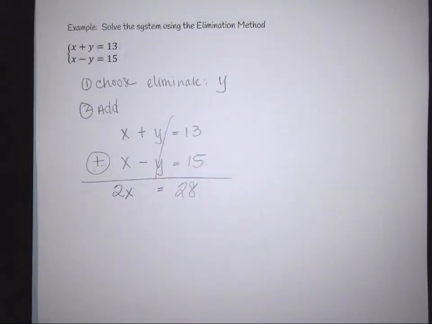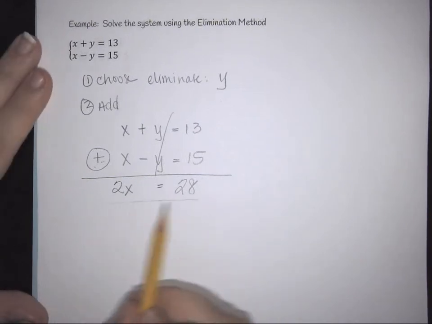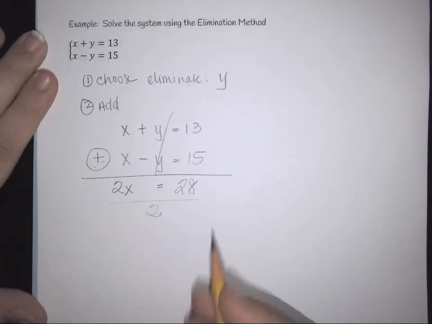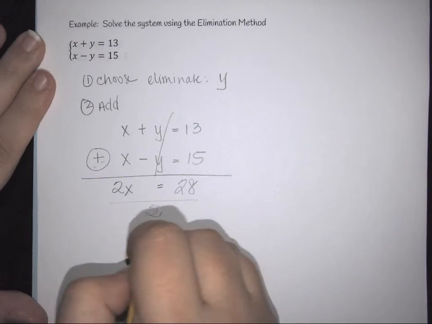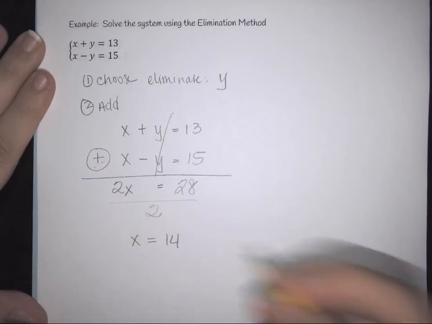So notice old school vertical addition. Now I need to just simply divide everything by 2 and I end up with x equals 14.